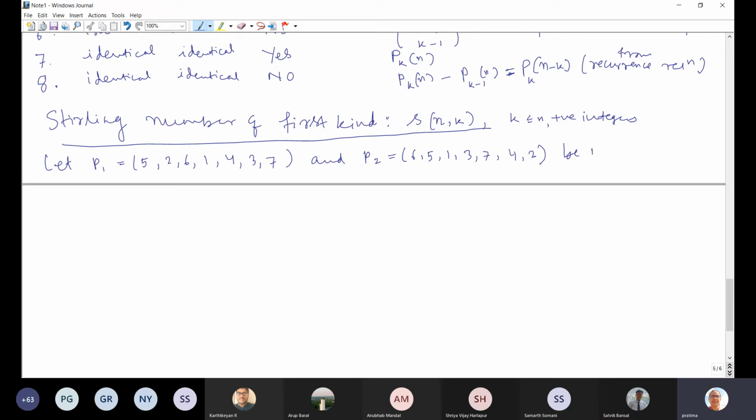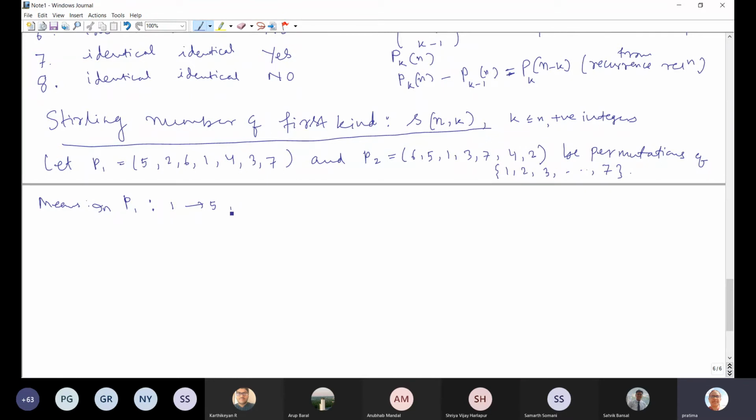Let P1 and P2 be permutations of the set 1, 2, 3 up to 7. You understand? This means that in this permutation P1 will map 1 to 5. Okay, the image of 1 is 5.